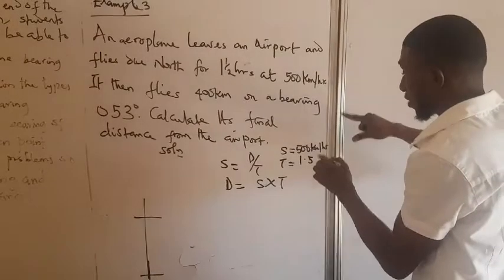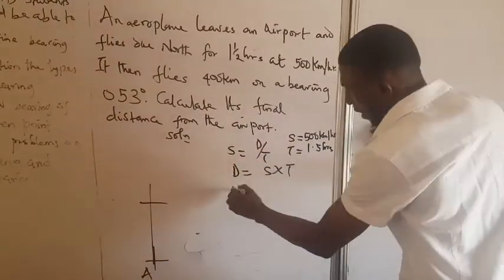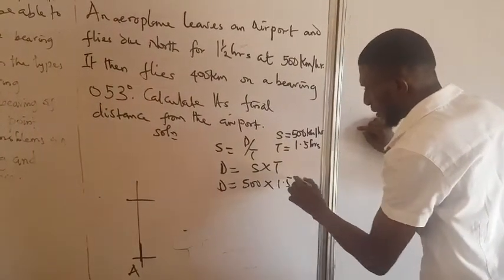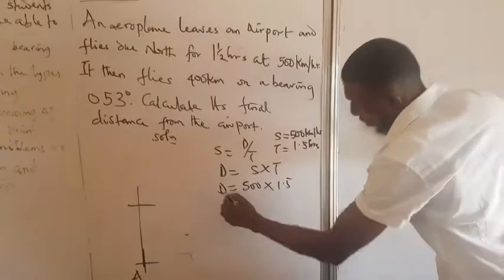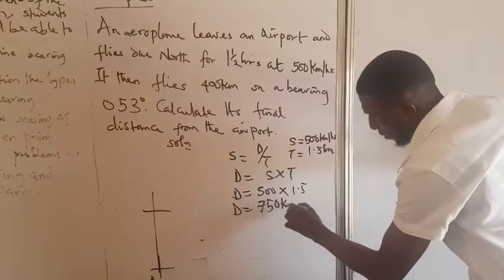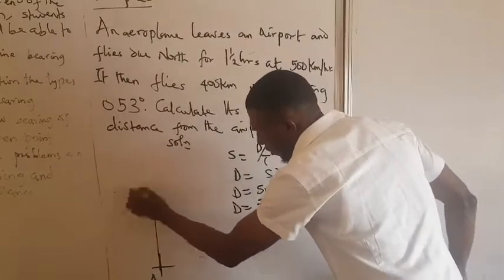Therefore, distance equals 500 times 1.5, which is 750 kilometers.